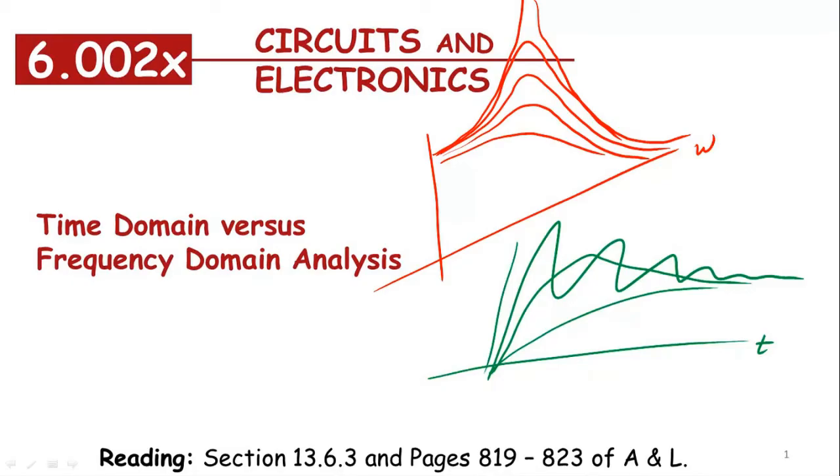So let me start with a quick review before we go into comparing time domain versus frequency domain analysis. When we looked at time domain analysis in the past, we looked at input signals of the form v_I. We had some kind of a voltage source, and the voltage could have been a step or an impulse or other such things.